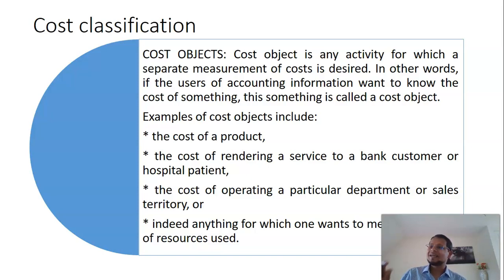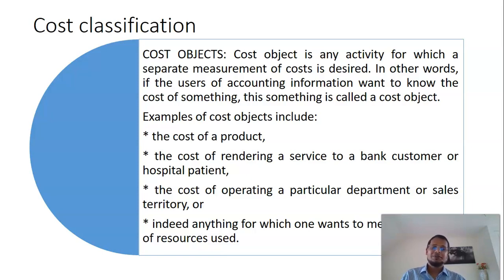We know the cost of a process. So when we manufacture something, how much cost we have to spend for labor, for a machine, for a system.